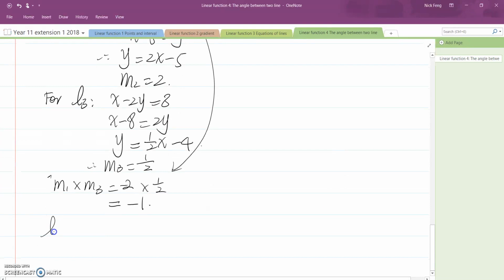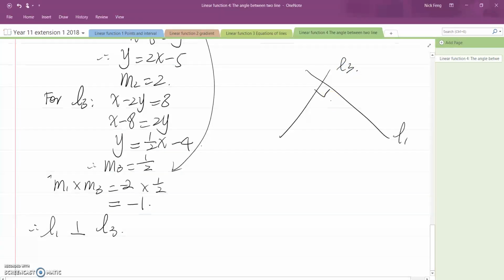That means L1 is perpendicular to L3. In other words, these two lines meet at right angle. This is just a numerical drawing. It doesn't have to be actually L1 and L3, but it cuts at a right angle. And all we need to find out is the two angles cut by L2.